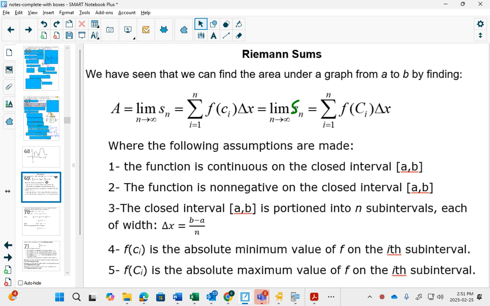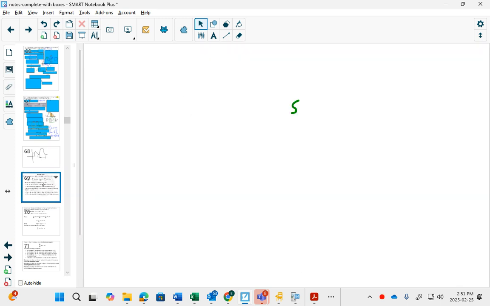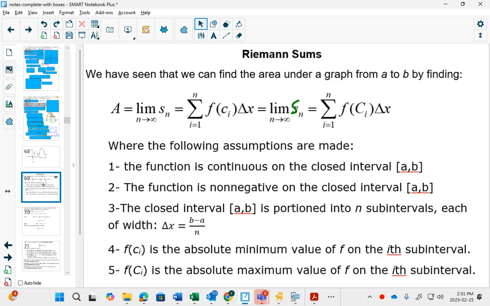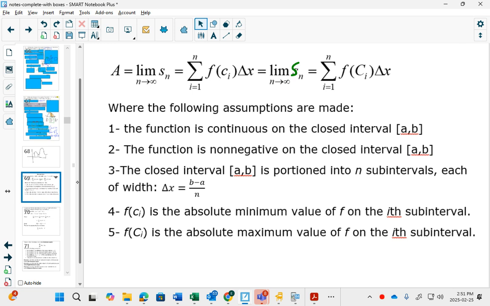We're going to start with it being non-negative, so just like this graph, it's all above. We'll get to negative stuff in a bit, and it'll be fun and interesting. Our change of x is separated into sub-intervals. Whatever the distance from A to B is, you divide it into n equal sections. And we still have our absolute minimum and our absolute maximum on each interval.